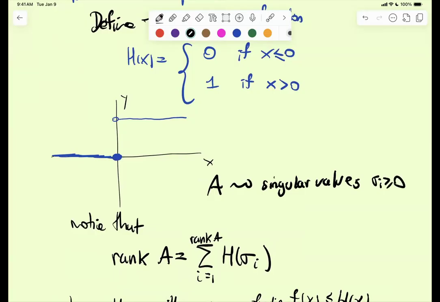In fact, what is the rank of a matrix? The rank of A is the number of strictly positive singular values.